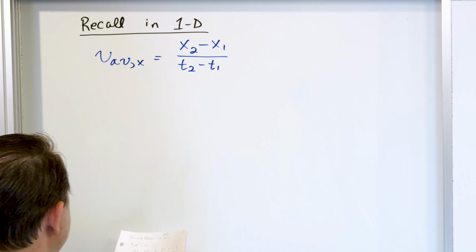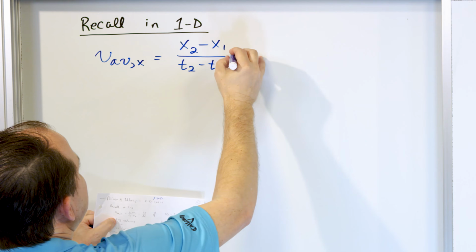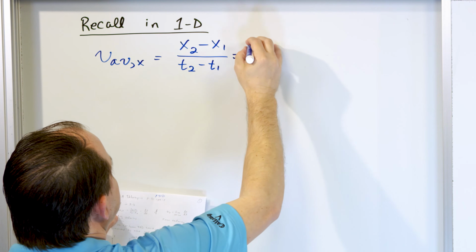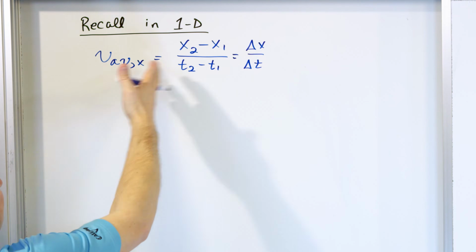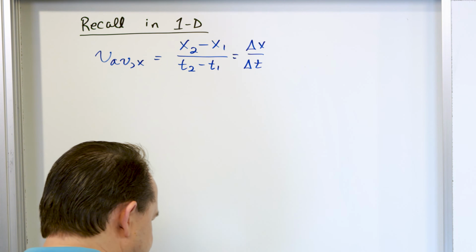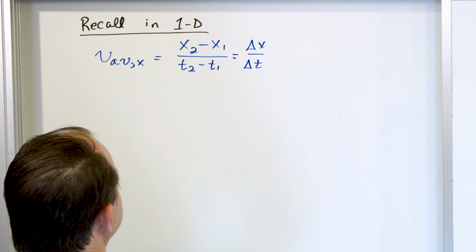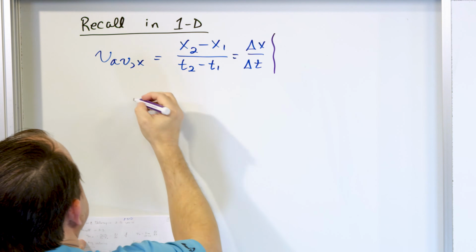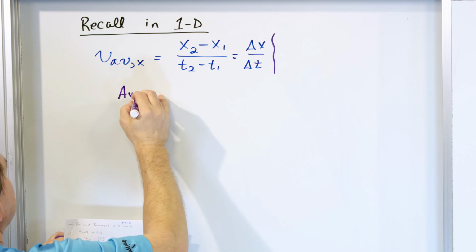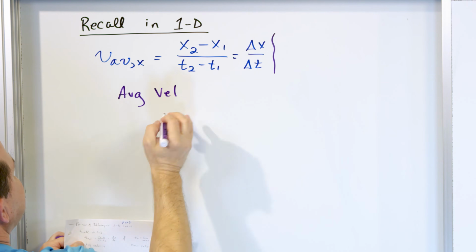Distance divided by time. That's the average velocity, and we use a shorthand notation and say that's delta x over delta t. This is just a trip down memory lane, so to speak. And that was called average velocity, right?